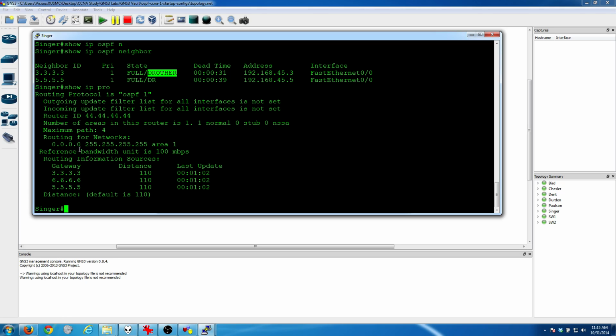The election goes by router priority, which you can see we're all priority 1, and then router ID as the second tiebreaker, and 4444 fell in the middle, and that's why it was the backup designated router. But now that we have 444444, we should actually be the designated router. If we were to reboot all of these routers, that's what would happen. So that's the why and how you figure it out.